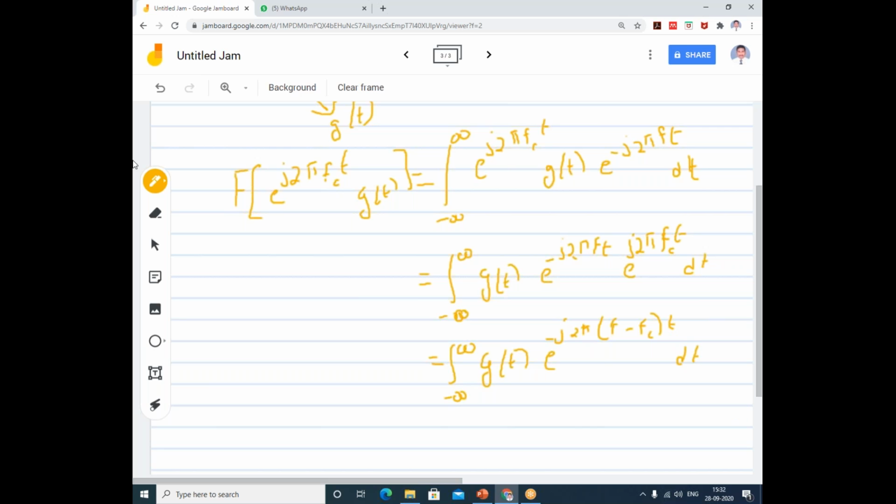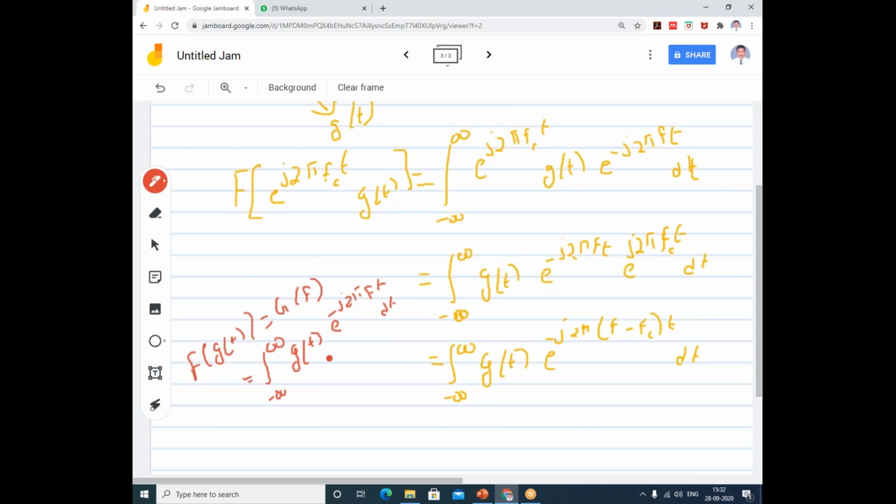Now observe it. I'm writing the formula here. We know the Fourier transform of g of t, which you can write as G of f, is equal to the integral from minus infinity to infinity of g of t e power minus j2 pi ft dt.